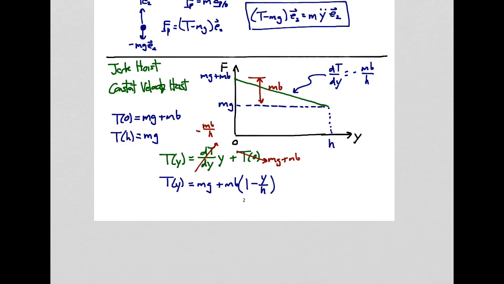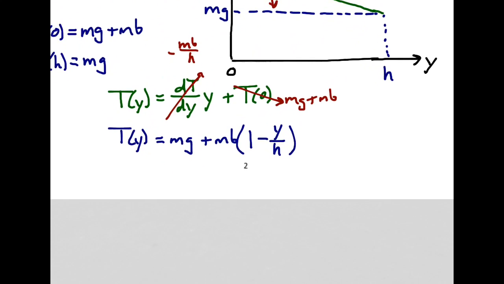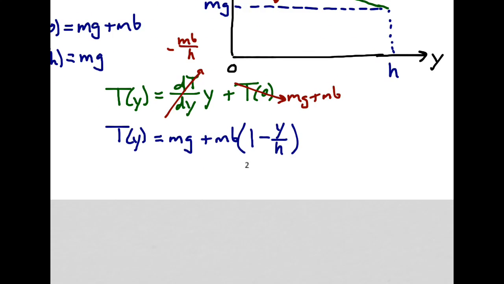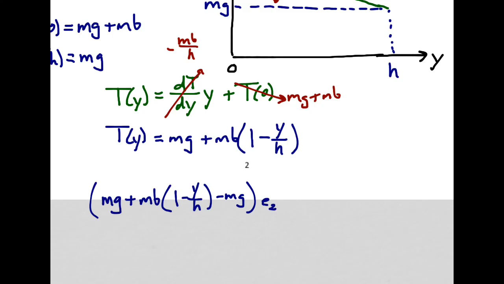And when we plug this in, we get the following, where our tension is mg plus mb multiplied times 1 minus y over h. It's our tension model. And then we subtract mg, and this is all in the E2 direction, and this is equal to m y double dot in the E2 direction.